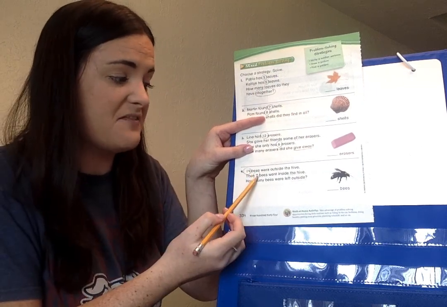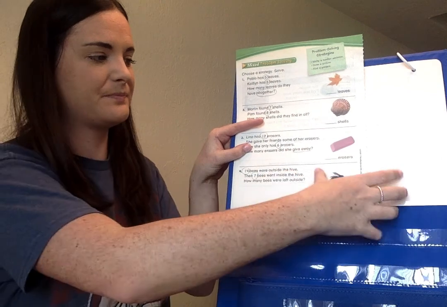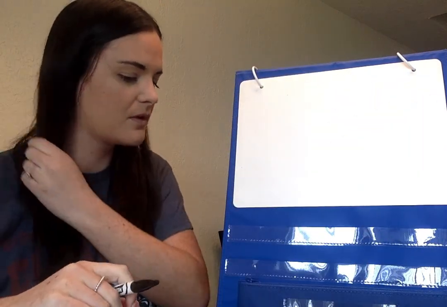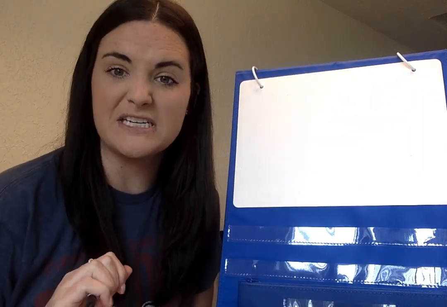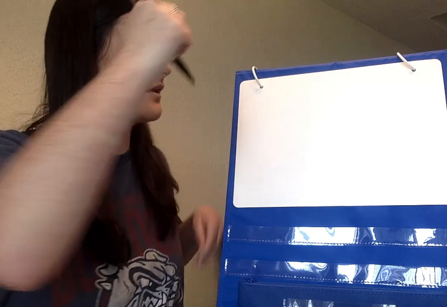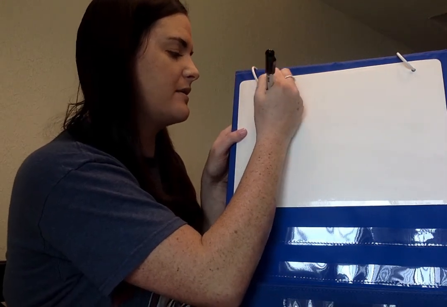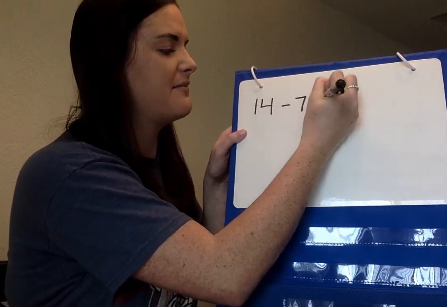We are finding the difference. We also know that 7 bees left. They went inside. So when we know that something left or went away, is that addition or subtraction? You've got it, subtraction. What's the biggest number, 14 or 7? 14. So we know it's going to be 14 minus 7.